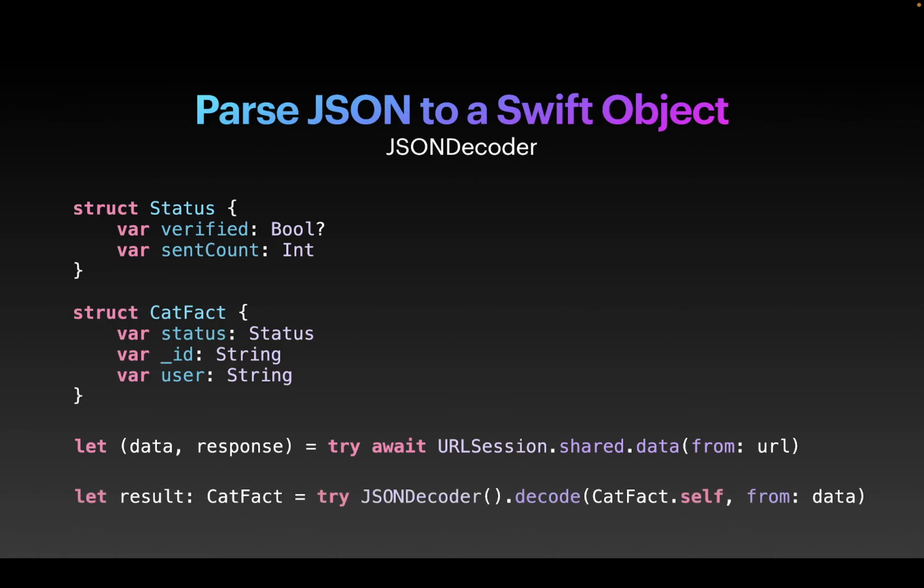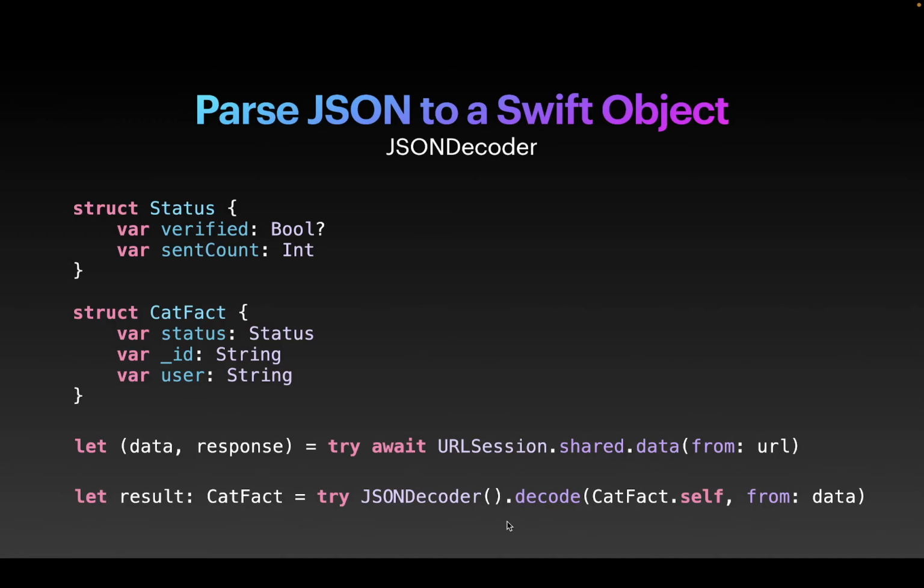There is something called JSONDecoder in Swift. The purpose of that is decoding data, essentially data in JSON format, and converting that to an object or several objects, like an array of objects. We can instantiate the JSON decoder with this syntax, and it has a function named .decode.